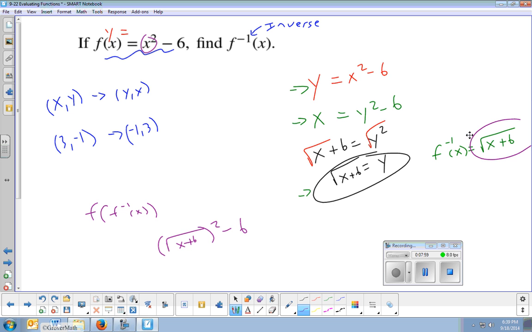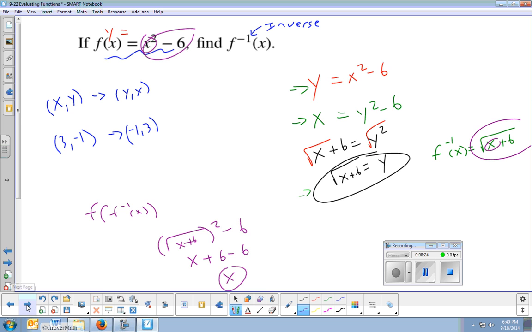And this is plugging f inverse into f. Well, what happens when you square a square root? Radical disappears. It's just x plus 6 minus 6 is x. And it'd be the same thing if I were to plug this into here. The whole point with a function and its inverse is if you plug those equations into each other, they cancel each other out because it's all inverse operations, and you're always going to be just left with x.